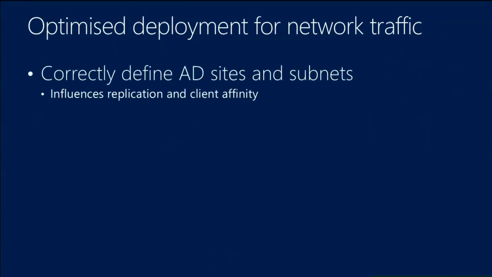The other thing you need to do is absolutely 100%, if you're going to have a hybrid situation, make sure that you define your AD sites and services subnets correctly. Because obviously it influences replication, but equally well, it influences client affinity. And what you don't want is clients thinking their closest DC is up there.